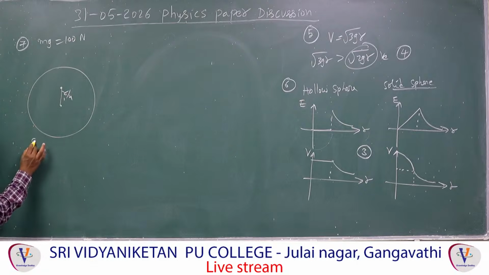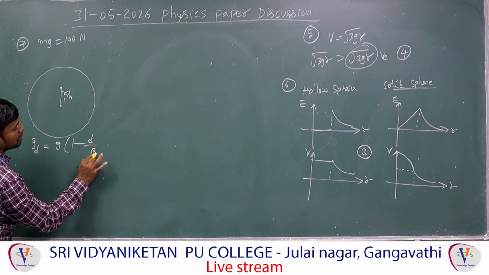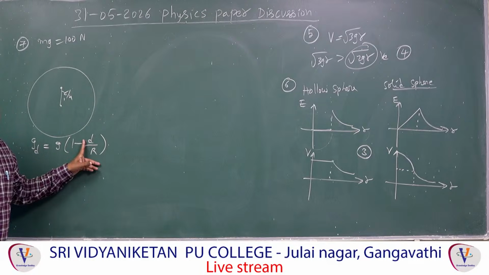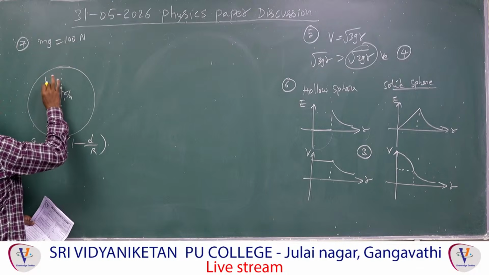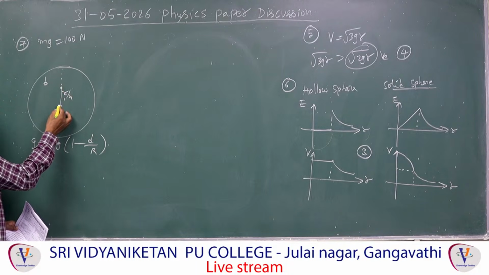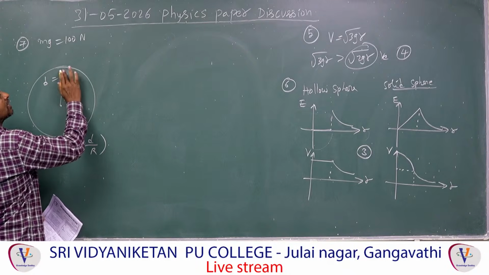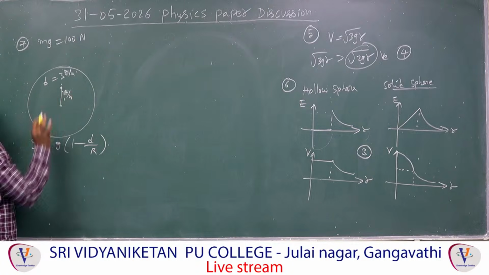Already we know that acceleration due to gravity at a certain depth is g into (1 minus d by R). Here d means the depth from the surface to this point. From the center, the distance is R by 4, so the depth is R minus R by 4, which is 3R by 4.